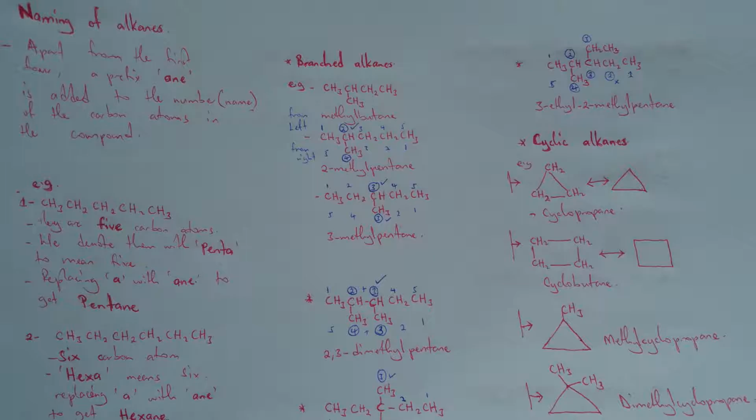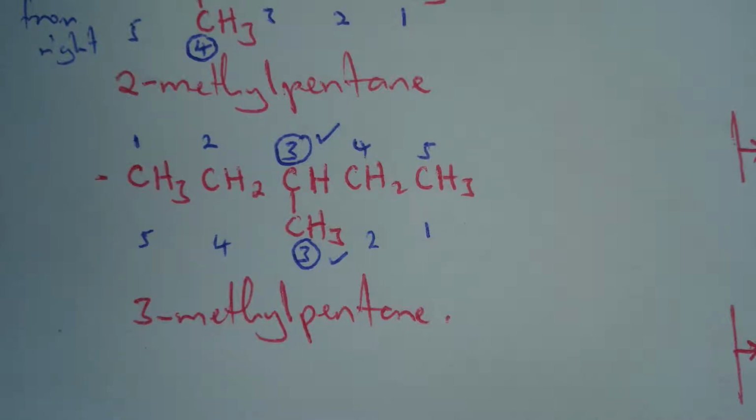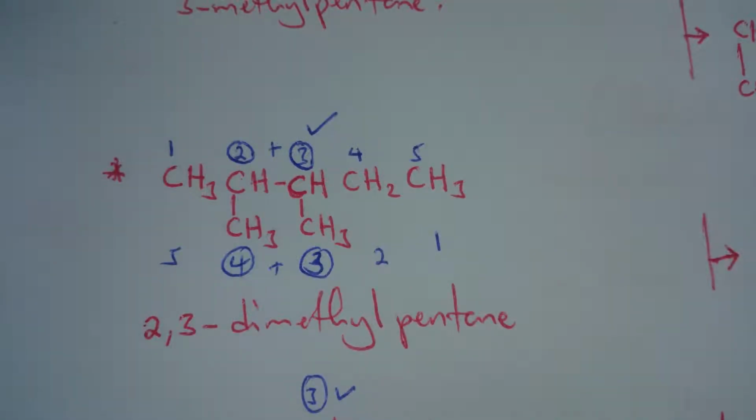Assuming you have a second methyl group attached to another position, say position 3, we do the same thing independently. You count from the left and then from the right. From the left, the first methyl group is attached on carbon number 2, and the second one on carbon number 3.